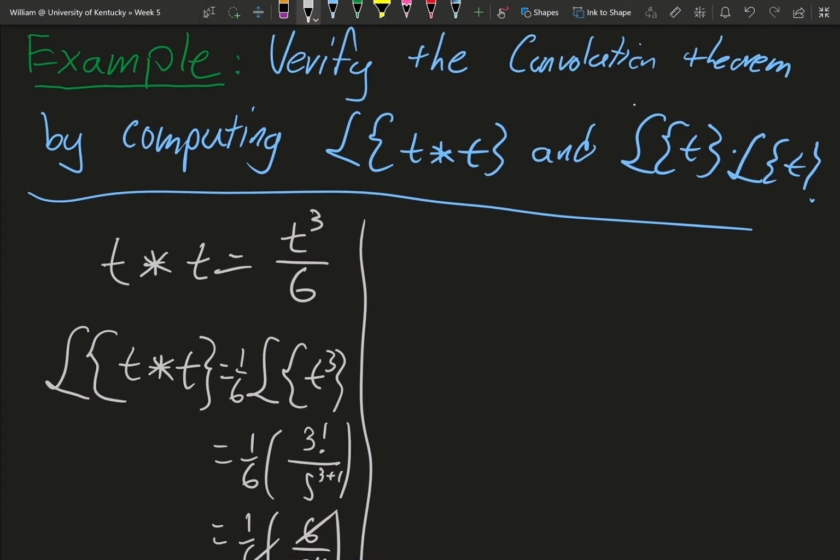Okay, so on the other hand, if we compute the Laplace transform of t, power rule again, that's just going to be 1 over s squared.